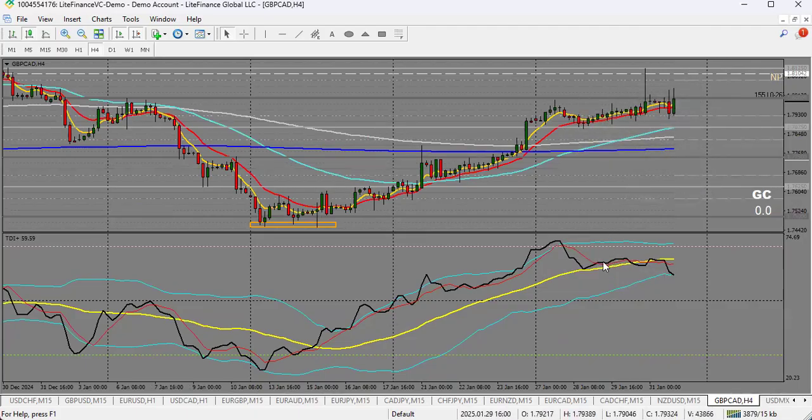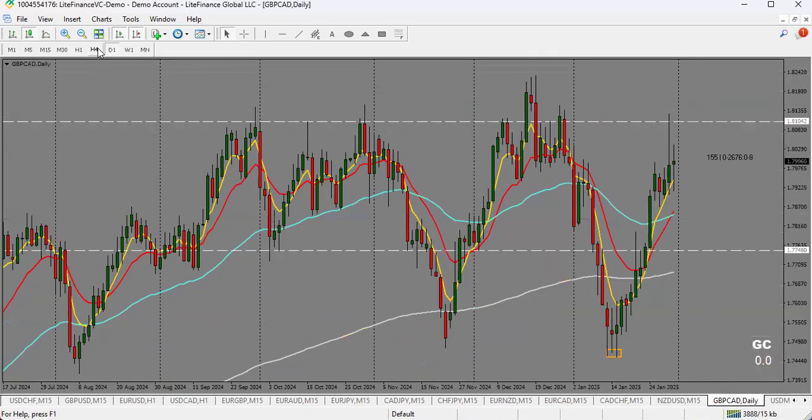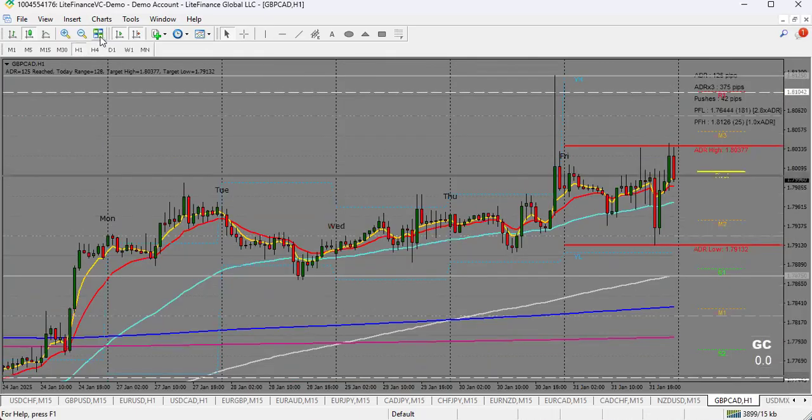What does this indicate? This indicates we should be expecting a stronger downtrend than what we have anticipated from here. So we should expect the market to perhaps go up again and then have a stronger downtrend.